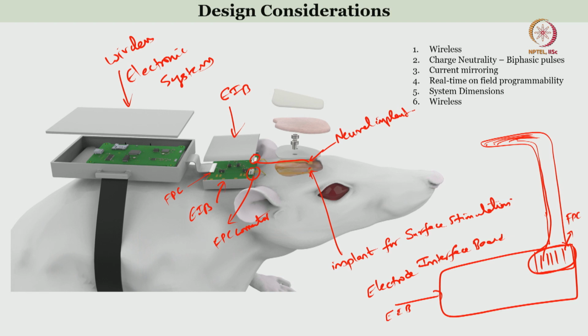So, you can access individual electrodes present in the neural implant through an EIB board, and the systems that are required, like various ICs such as regulators, microcontrollers, wireless Bluetooth low energy communication based modules, are all present in this.